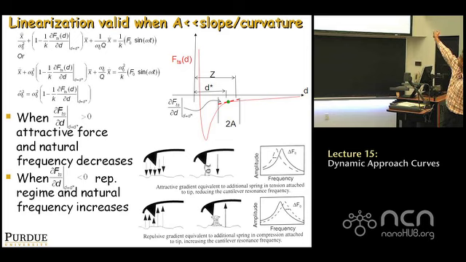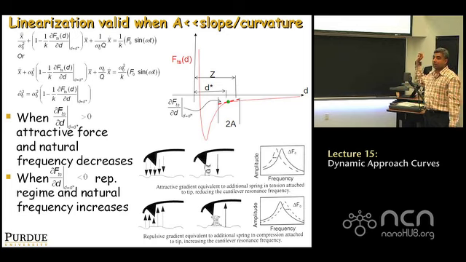Well, obviously that approximation is going to be valid only for amplitudes that are small enough. The question is, how small should that amplitude be? Well, the answer is that it's a Taylor series expansion. The first term in the Taylor series expansion is partial f, partial d. The second term is the second derivative, i.e. the curvature of this curve.